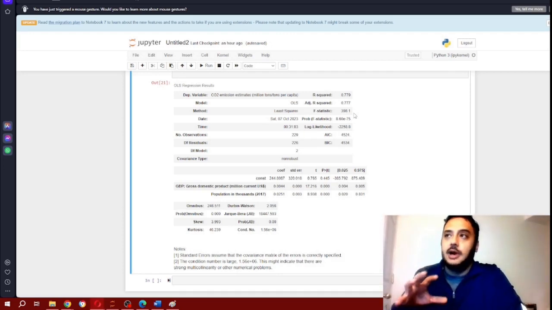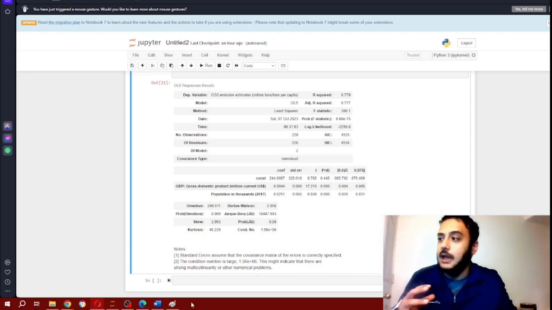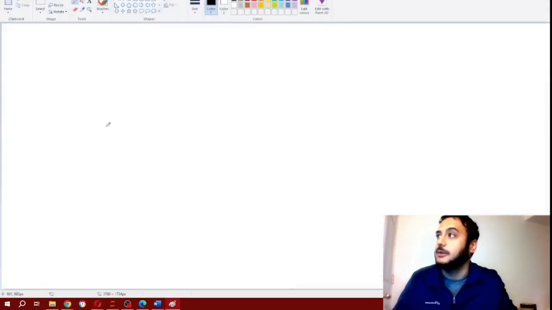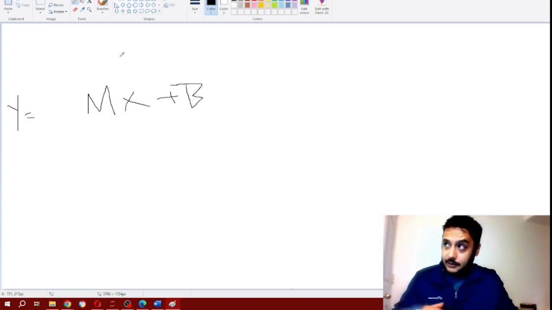In this particular context, the F statistic is testing if there is any difference between the betas in this equation, as in the simple linear regression.